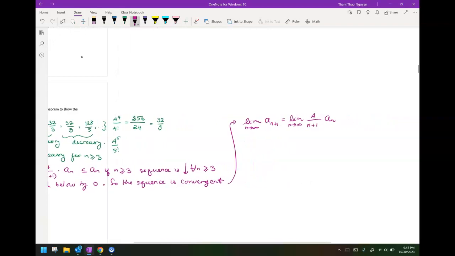Well, we know that the limit as n approaches infinity of a sub n is equal to 0. Okay, so then this is equal to 0. Therefore, the sequence is bounded and converges to 0.